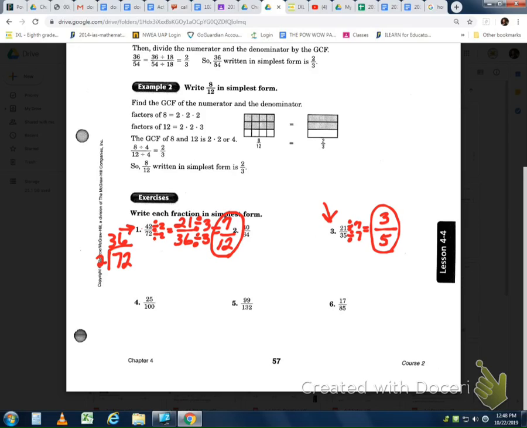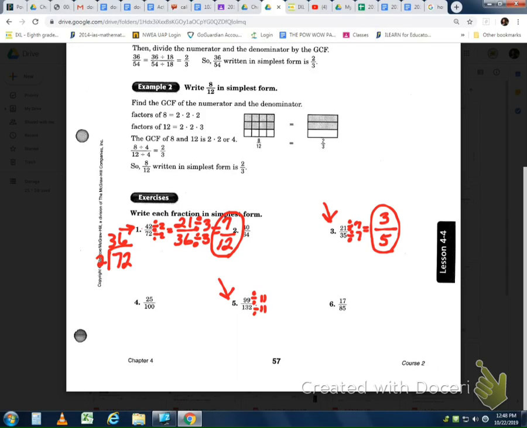Okay, this one's tougher: 99 and 132. Any ideas of what can go into 99 and 132? Kyler? 11. Wow. Let's see if they're both divisible by 11.